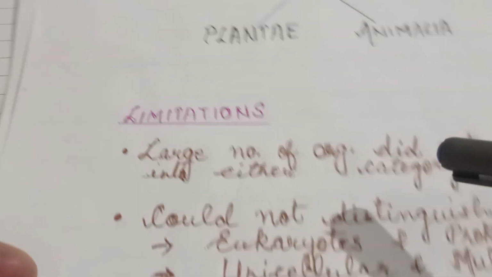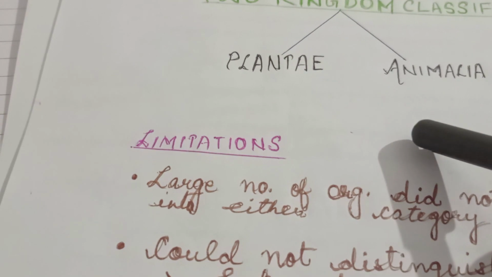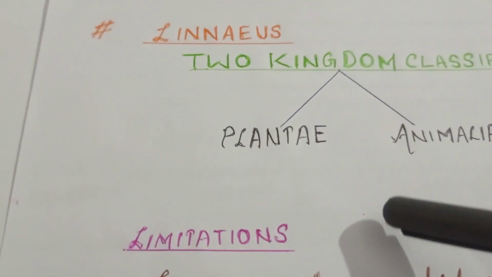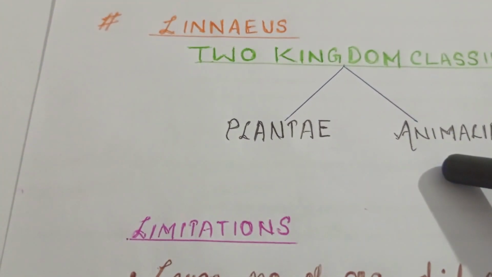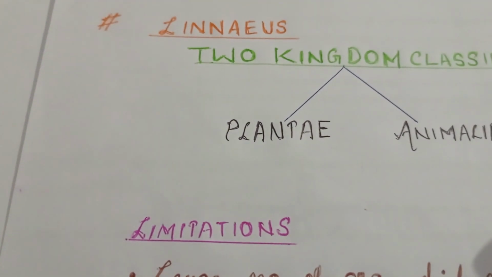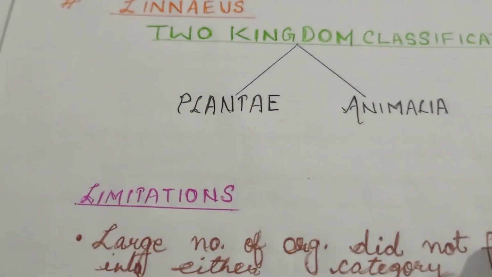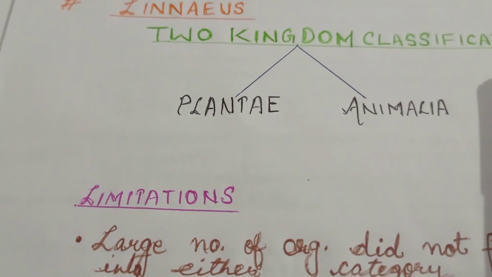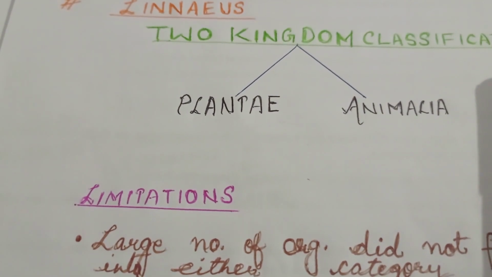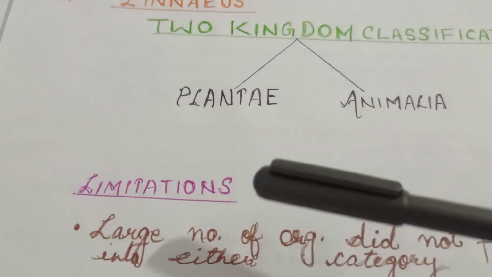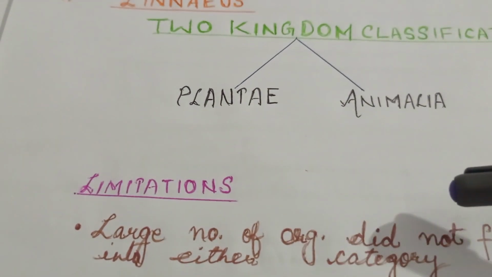Again, what happened? This simple classification of living organisms into plants and animals could not be sustained. Why? Because there were many organisms which did not fall into either category, either plants or animals.